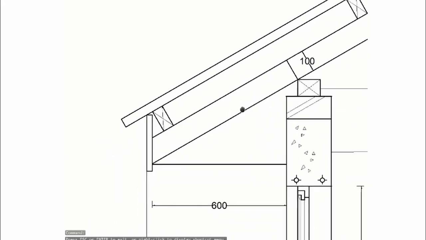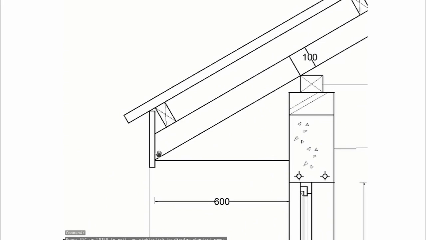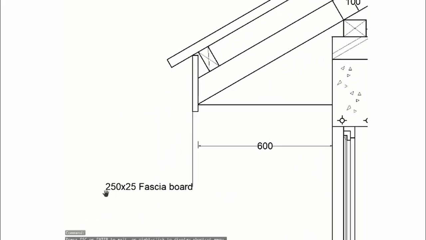So then you can measure this 600 to stop the rafter over there, and you place your fascia board, which is 250 by 25, not given.